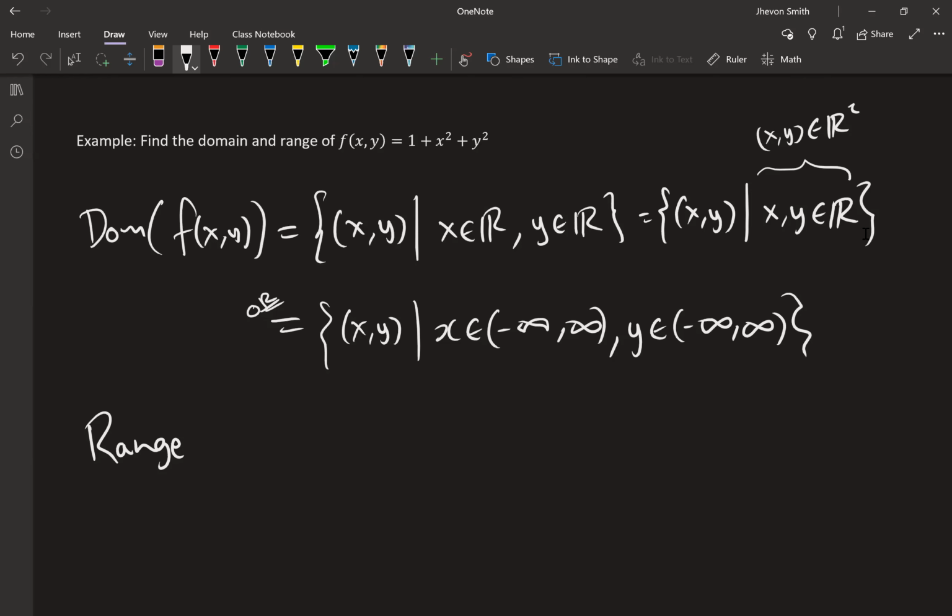But none of these descriptions are intervals. What about the range of our function? What are the possible outputs?